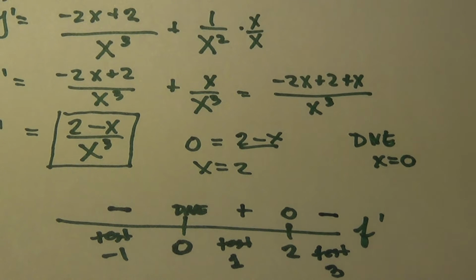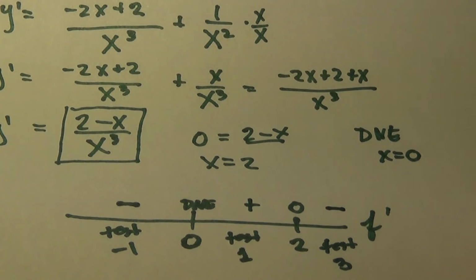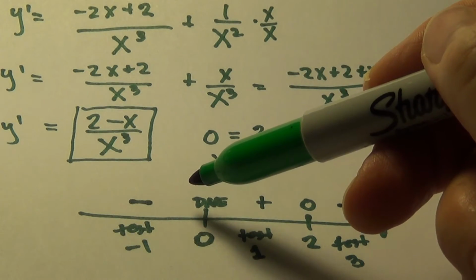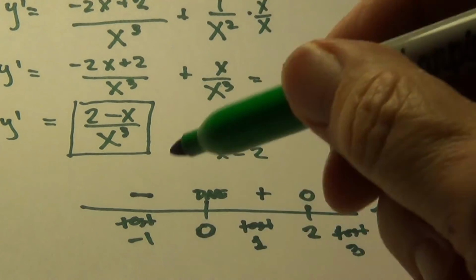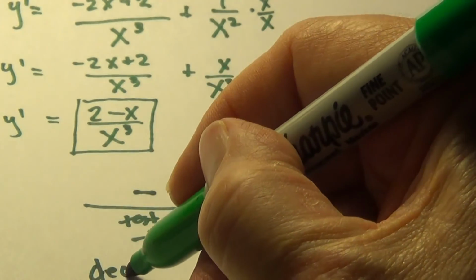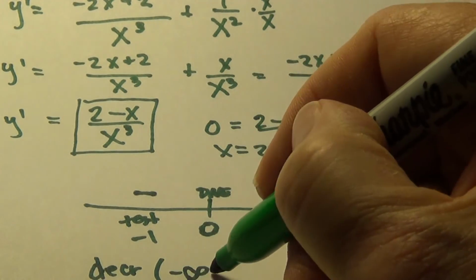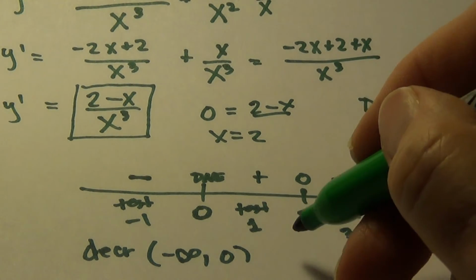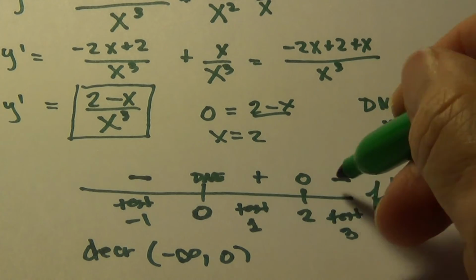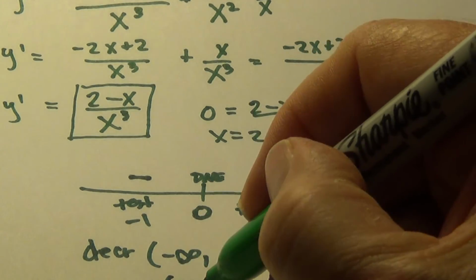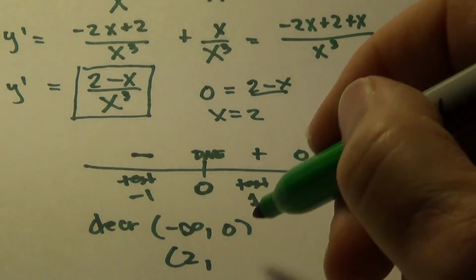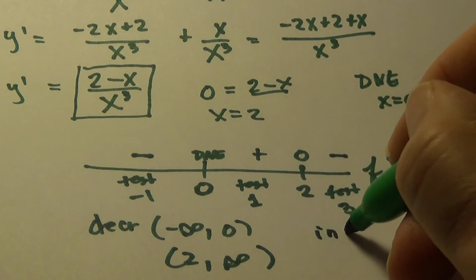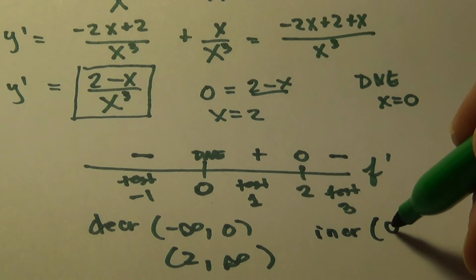All right, so looking here, we see that it's going to be decreasing between negative infinity and 0. Then it's going to be increasing. It's also going to be decreasing from 2 to infinity. And the increasing part is in between from 0 to 2.